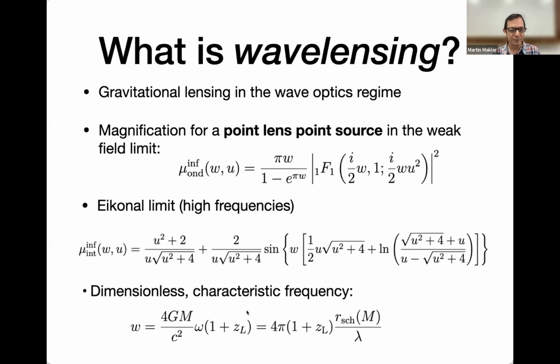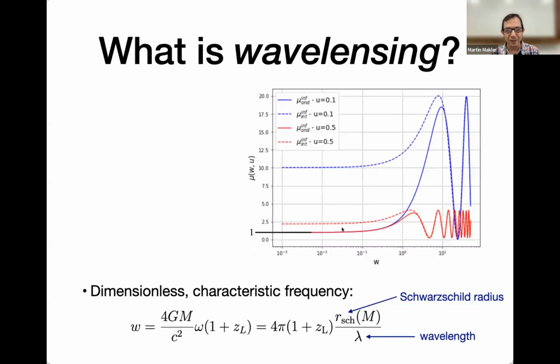What's important here is that the characteristic frequency can be written as a ratio between the Schwarzschild radius of the lens, divided by the wavelength we are observing. We can see in the plot what the magnification is as a function of this characteristic frequency.